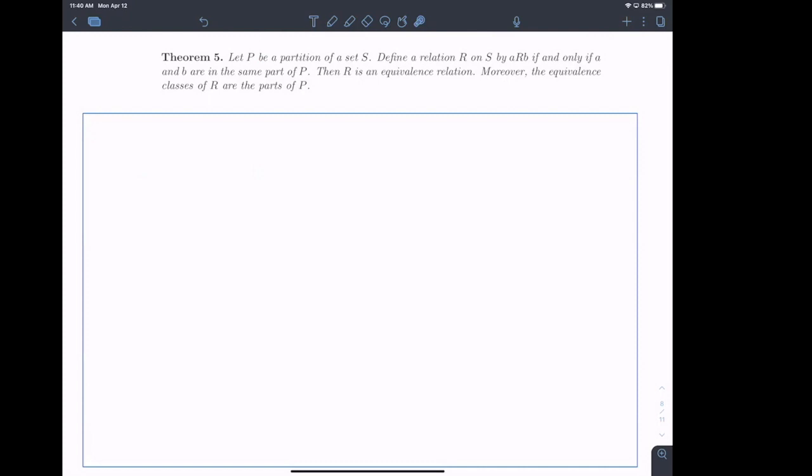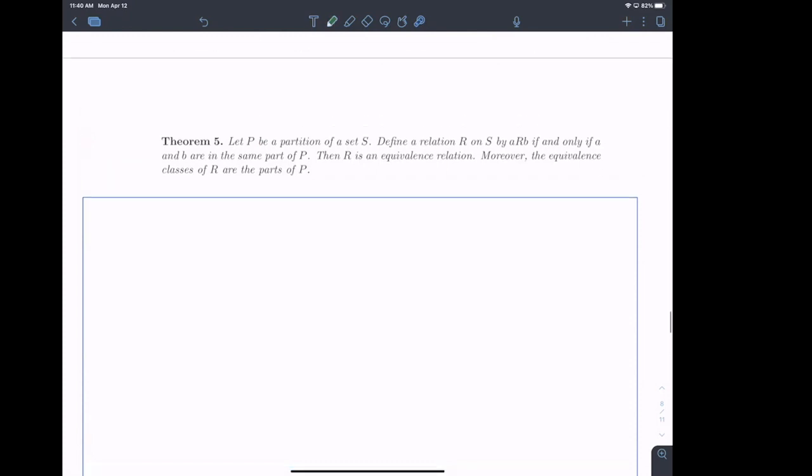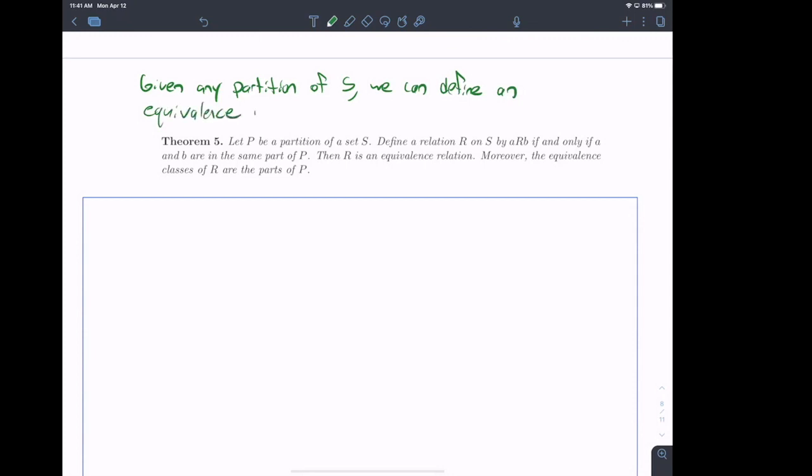And moreover, that the equivalence classes are actually the parts of P. So we kind of went the other direction previously.